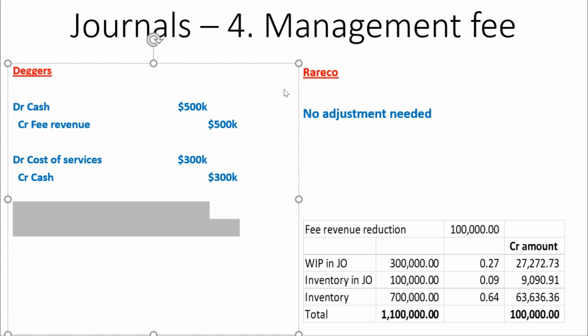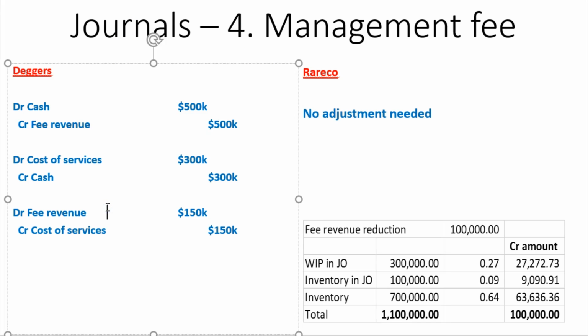So they shouldn't be recognizing revenue for providing something to yourself. It's like if you take $5 out of the ATM, you don't magically have $5 more. You've just given it to yourself in a different form. So what are we going to do? Well, we're going to debit fee revenue by $150,000 and credit cost of services by $150,000.